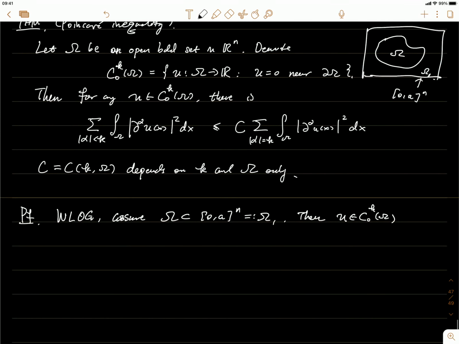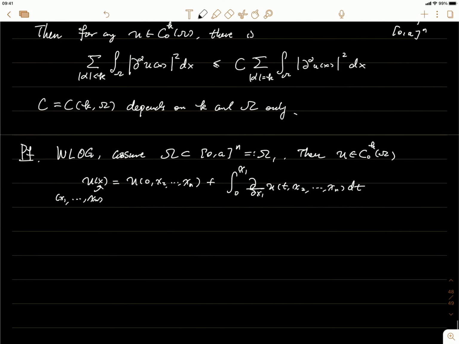So when we consider u(x), we can think that we take the partial derivative with respect to x1 and then integrate it back. It will be equal to u(0, x2, ..., xn), where x here is x1 through xn, plus the integral from 0 to x1 of the partial derivative with respect to x1 of u(t, x2, ..., xn) dt.